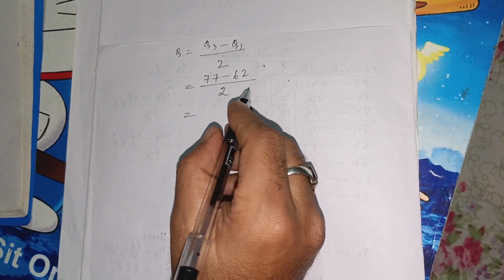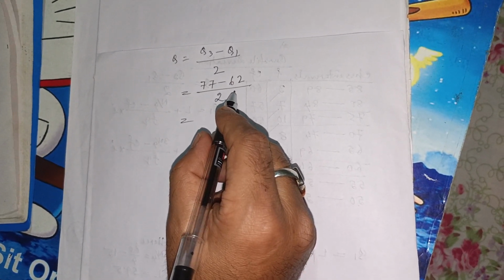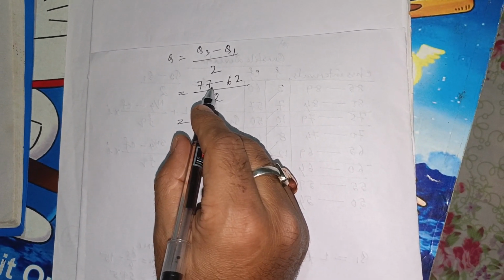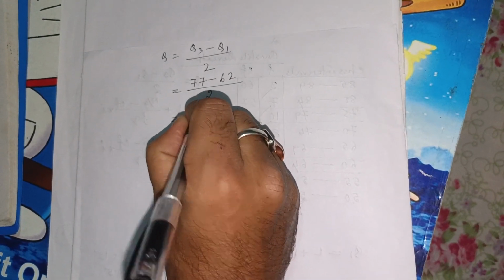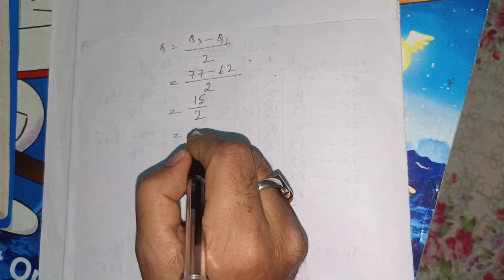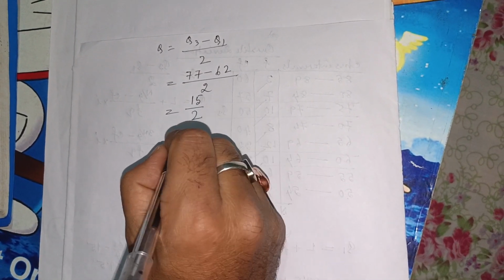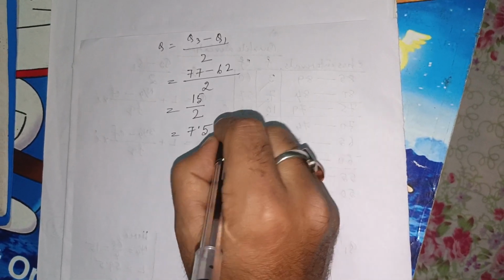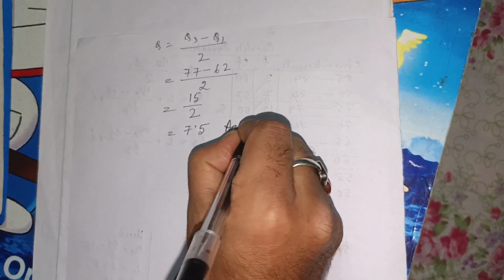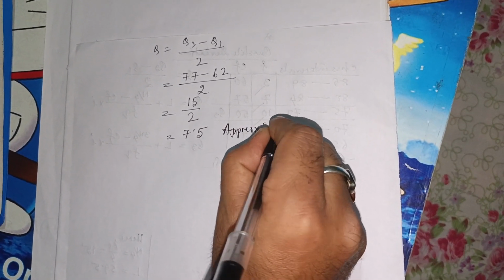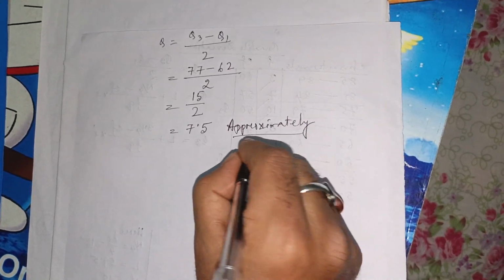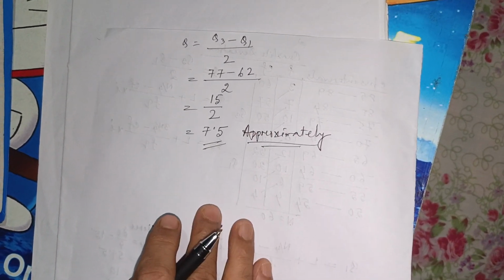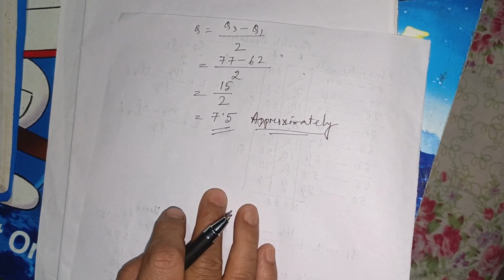If you deduct 62 from 77, you will get 15 divided by 2. If you divide 15 by 2, you will get 7.5. So this is the main answer, approximately. This is our quartile deviation of the given frequency distribution table.